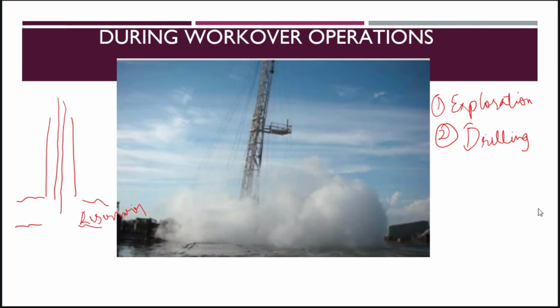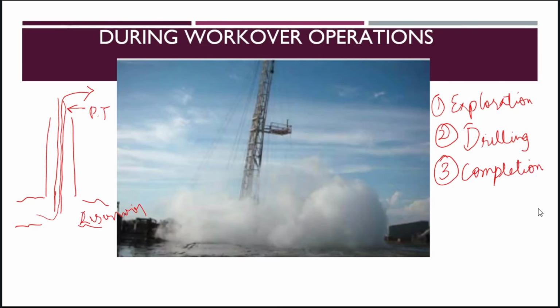This is called production tubing, and this tubing will transport all the oil to the surface. It will take the oil from the formation to the surface. This process of running production tubing is called completion.